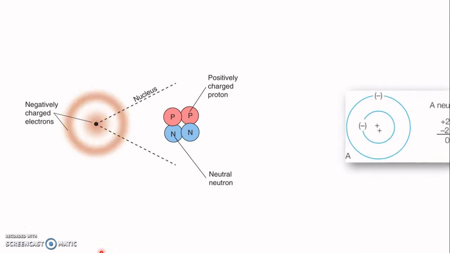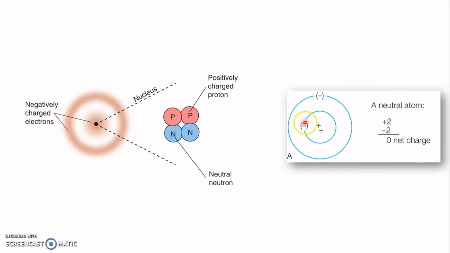Now, in a typical atom, you have a certain number of protons, or positively charged particles, and the same number of electrons orbiting the nucleus. And as a result, you'll have positive 2 charges from the nucleus, negative 2 charges from the electrons, giving you a total net charge of 0. This is what we call a neutrally charged atom.